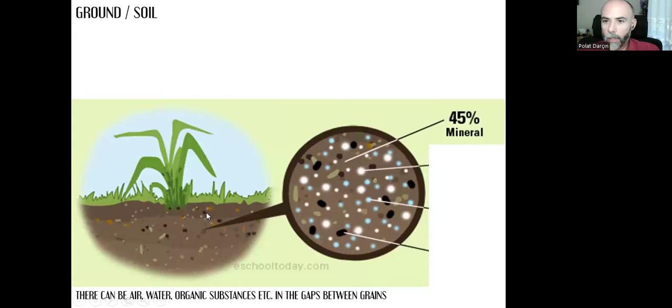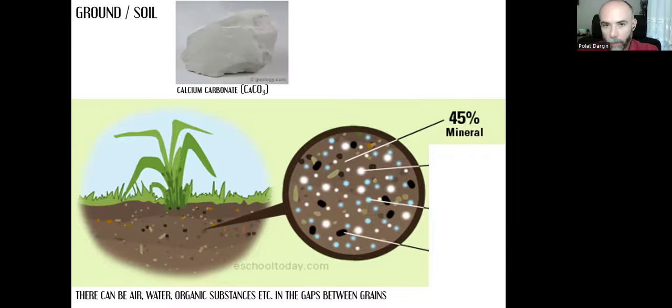This mixture is made out of mostly minerals, like 44, 45%, almost half of the mixture. When we say minerals, it's the substances that create the stones, the rocks, such as calcium carbonate. Each one has a specific chemical formulation. And that's the substance that we call limestone, kireç taşı in Turkish.